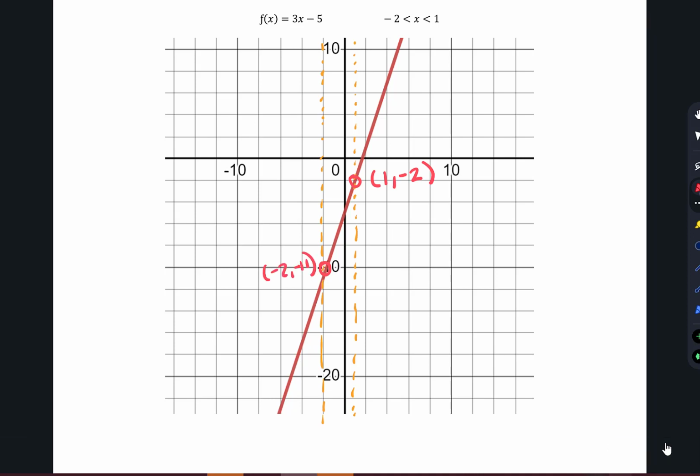But since this is an open interval, we have the same issue that we discussed before. No matter what point I pick, I can always evaluate the function at a point slightly closer to either 1 or -2 and get a point that is either slightly higher or lower than the one that I evaluated before.